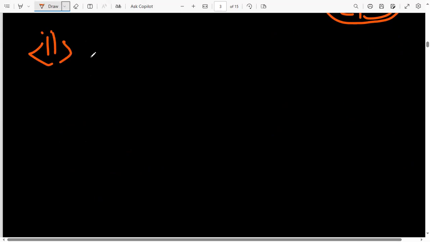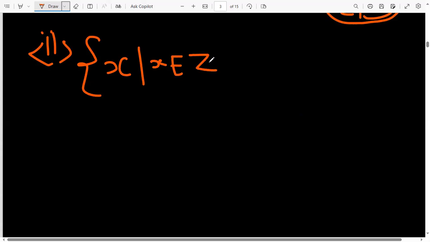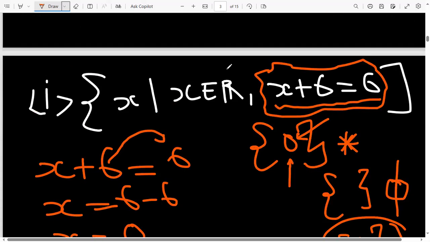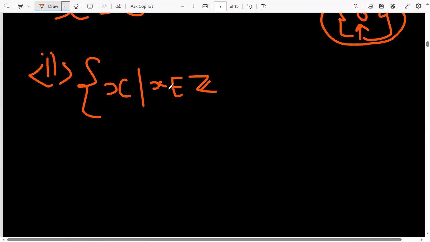Okay, let's look at the second one. Let's determine if this is an empty set or not. We have the set of all x such that x is an integer and x squared plus 1 equals 0.